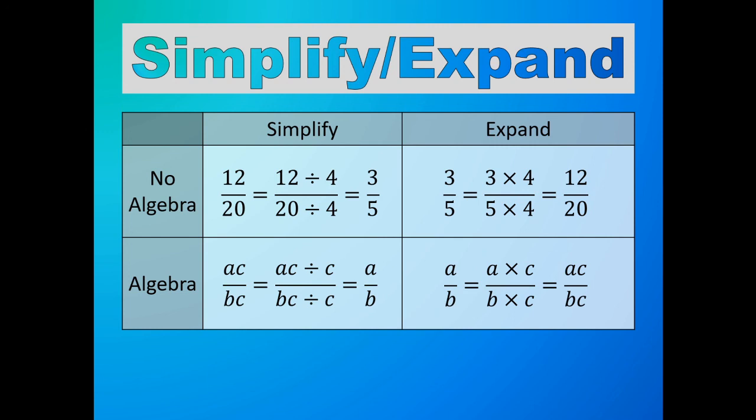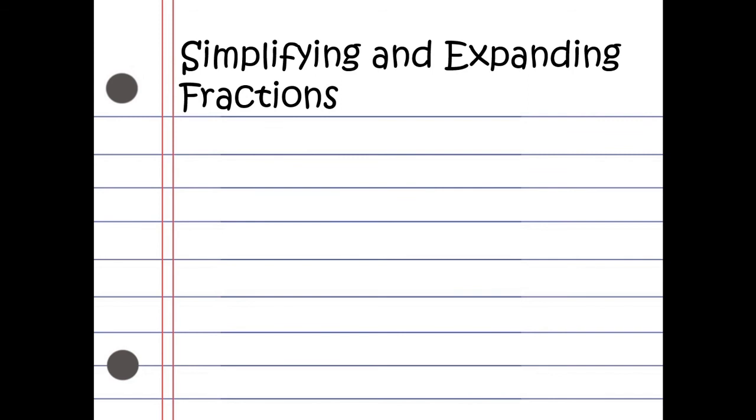So simplifying fractions is the exact opposite of expanding fractions. Simplifying fractions goes in one direction, and expanding fractions goes in the exact opposite direction. So what this means is that if I explain the why behind for simplifying fractions, I'm also explaining the why behind for expanding fractions.